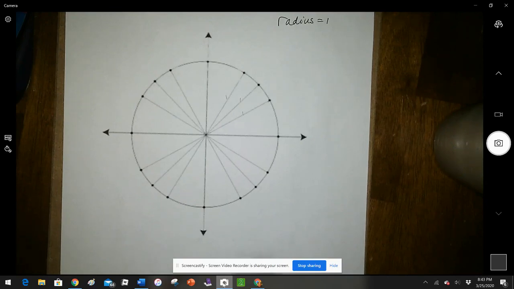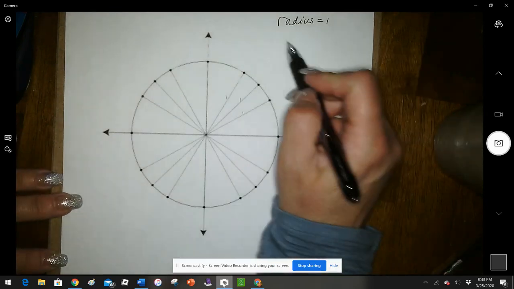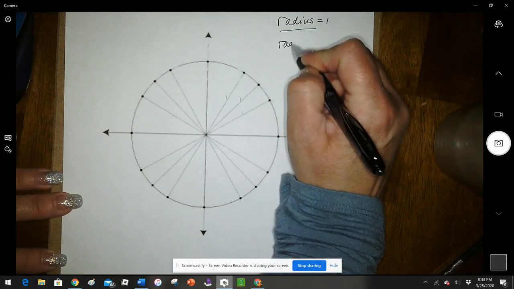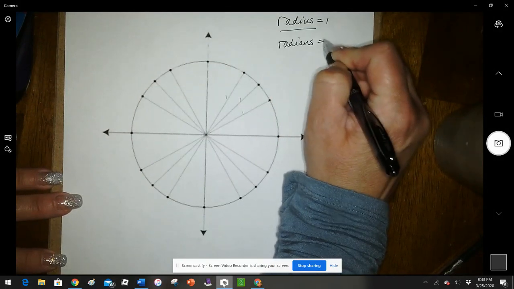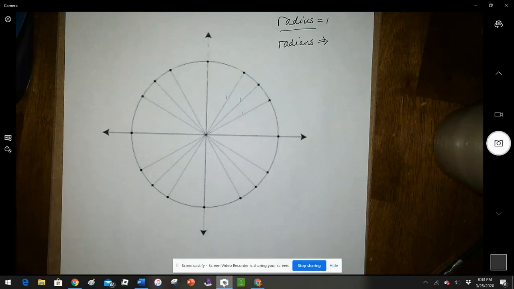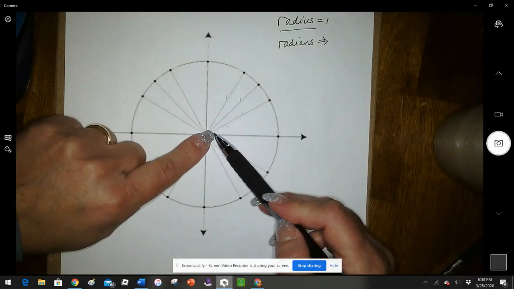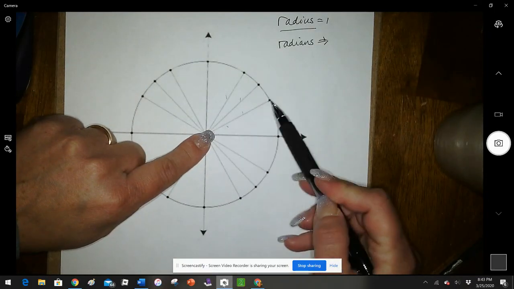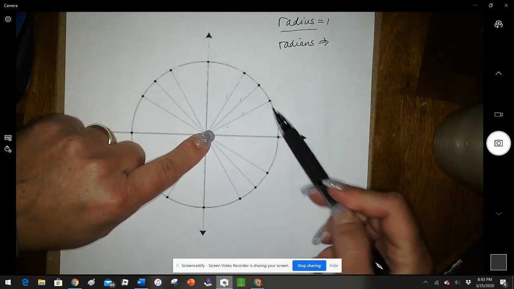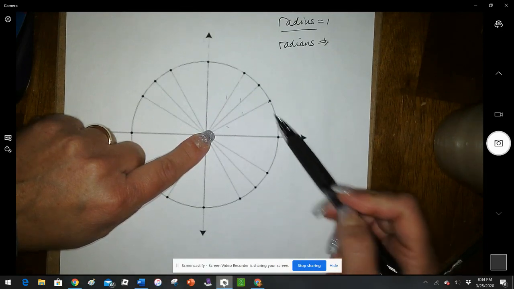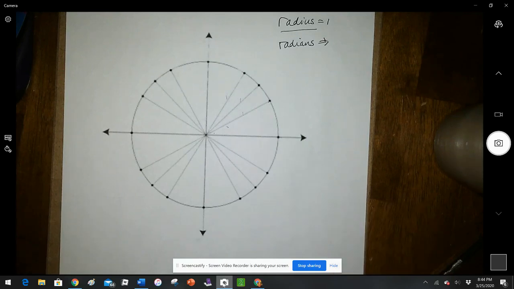Okay. Remember that one of your lessons had something about radians. Radians, remember, is the angle opening where the radius is equal to the opening, or the arc length around the circle.